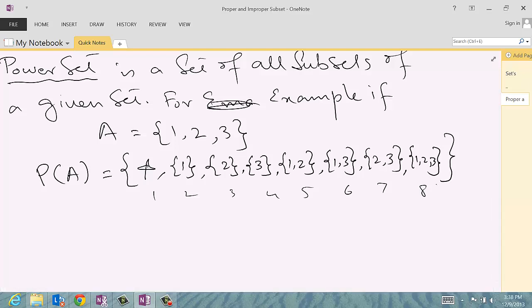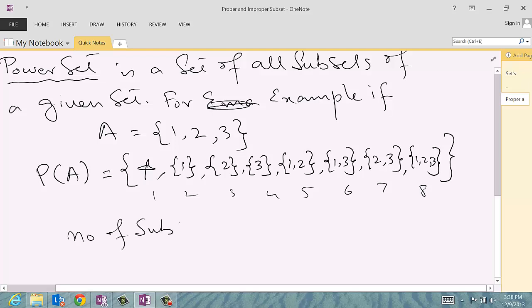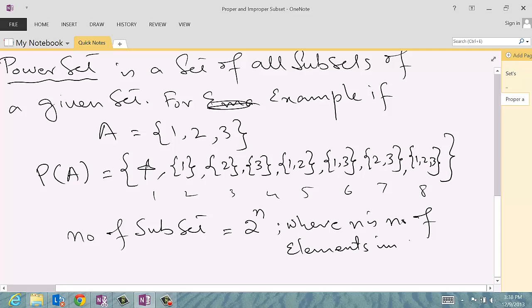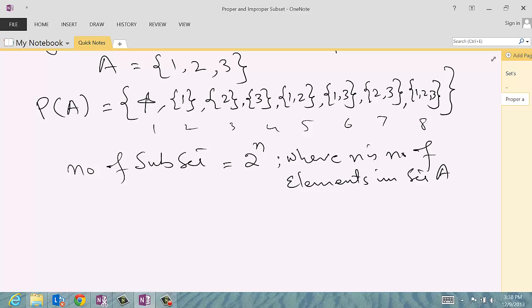If we really take a look, the number of subsets is always going to be 2 power n, where n is the number of elements in set A. How many elements were there in A?